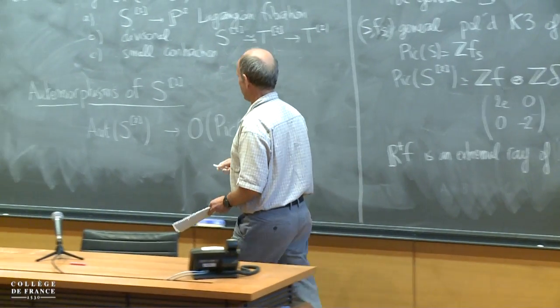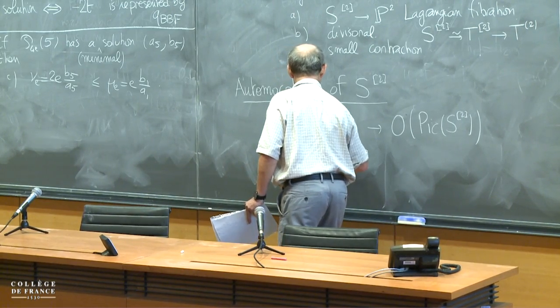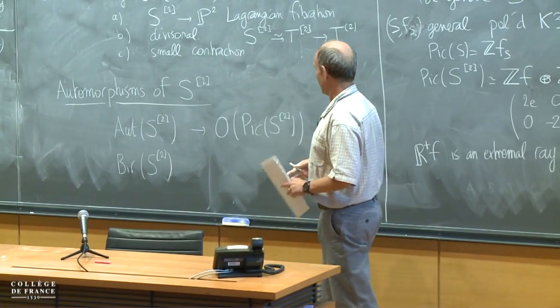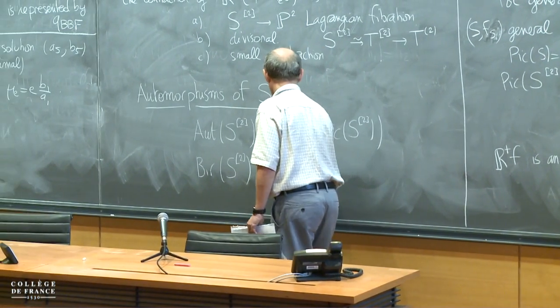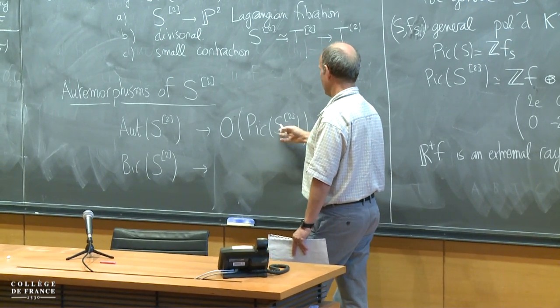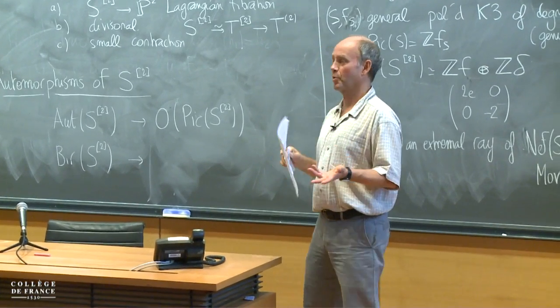Okay, so anyway, there's a map like this. There's also a map from the birational automorphism group of the Hilbert square of S, this was mentioned by Serge. Oh, okay, so I'm sorry, I'm going too fast here. Of course, the image of a nef line bundle by an automorphism is still nef.